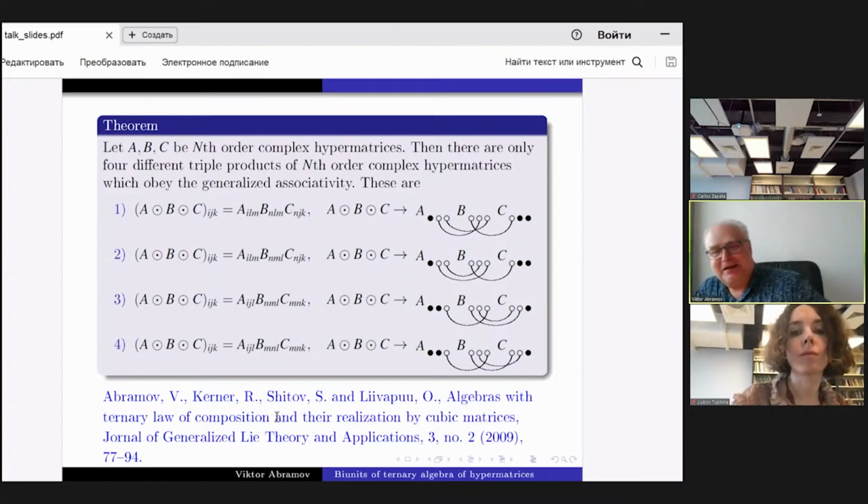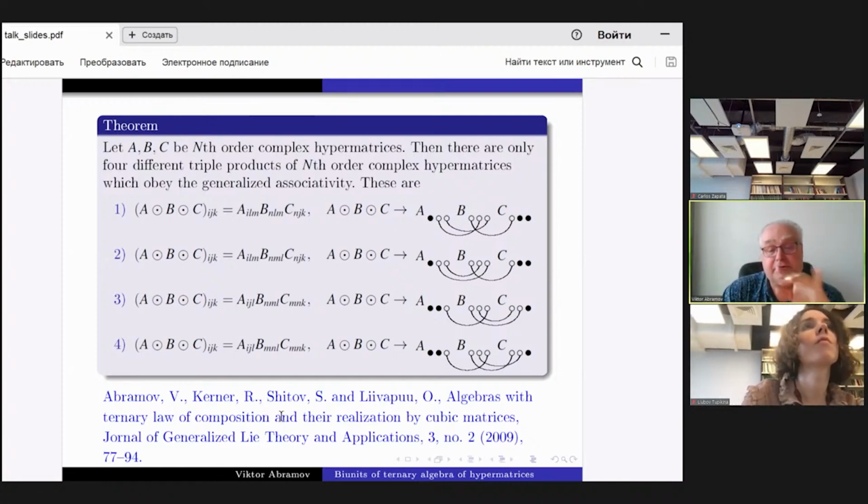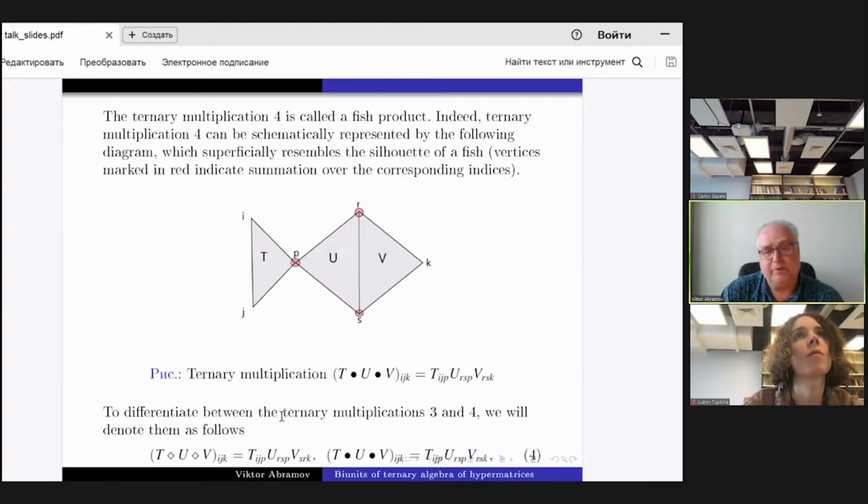I would say honestly, I forgot about this result. But when I saw this paper, Heaps of Fish, it reminded me of this, and my idea was to apply this, to study these products in the case of the q-cyclic traceless hypermatrices. Why? I will explain on the next slide. For me it was really interesting. First of all, when I read the paper Heaps of Fish, I couldn't understand what a fish product is.